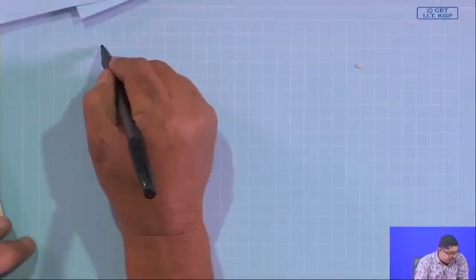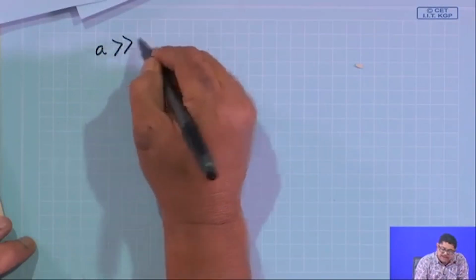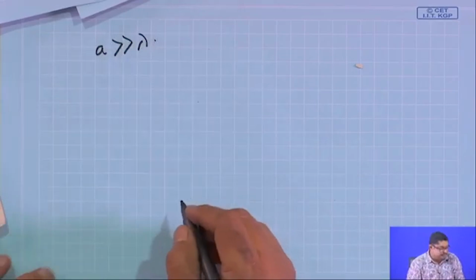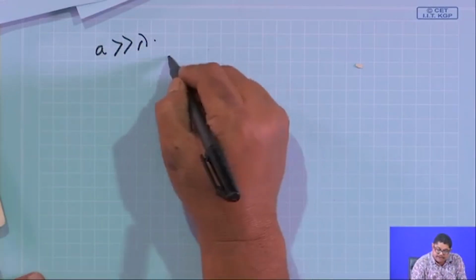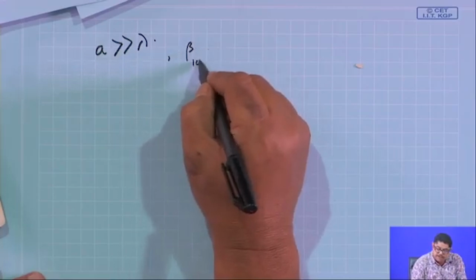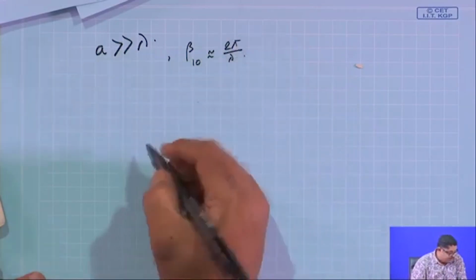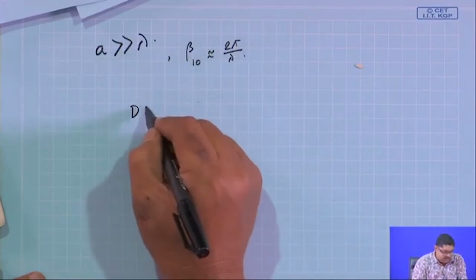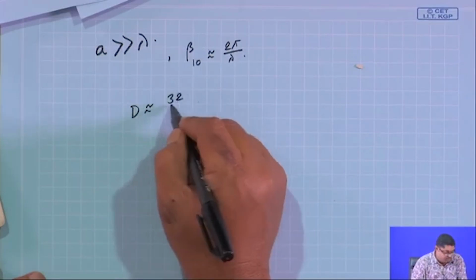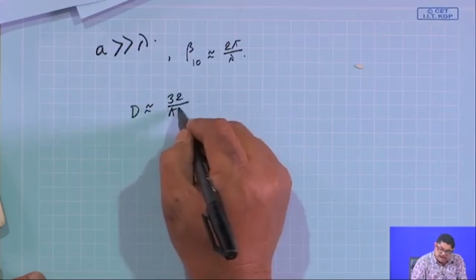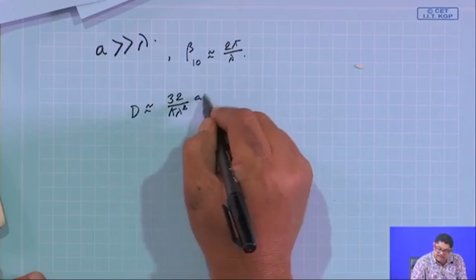Again, if we have a much greater than lambda, then beta 10 is almost 2 pi by lambda, and then D becomes 32 by pi lambda square AB.